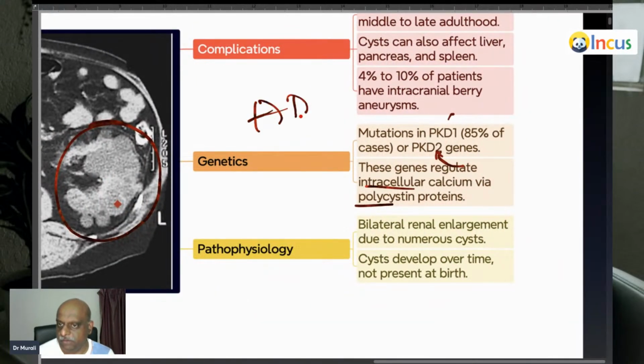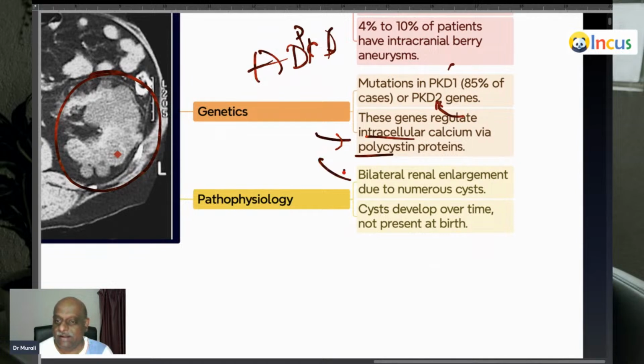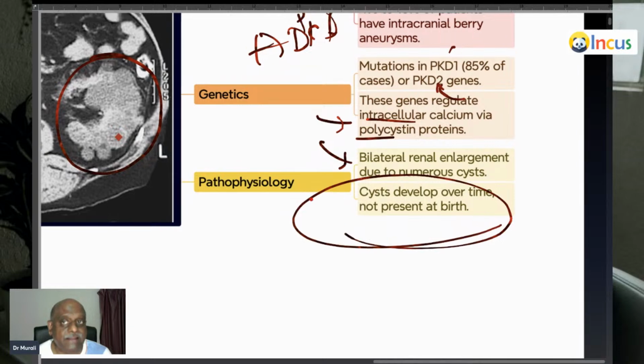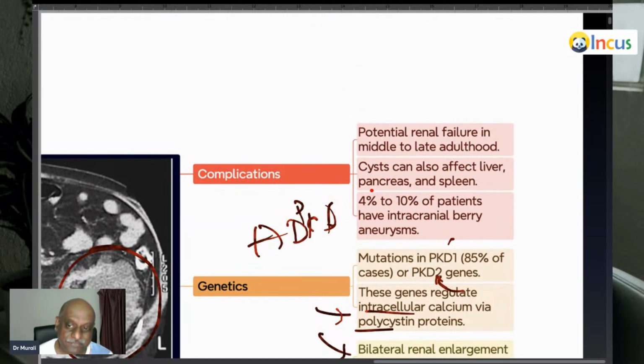Where is the fundamental problem? The PKD1, PKD2 genes; in ADPKD, the intracellular calcium-regulating polycystin proteins are affected. There is bilateral renal enlargement, and it is autosomal dominant. That's the reason you don't find the cysts at birth, which is what you need to remember.